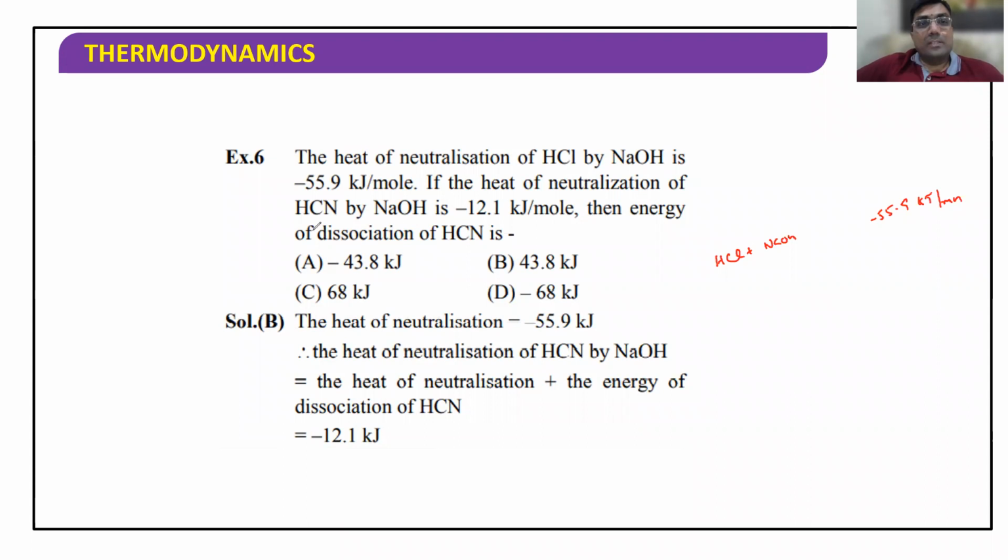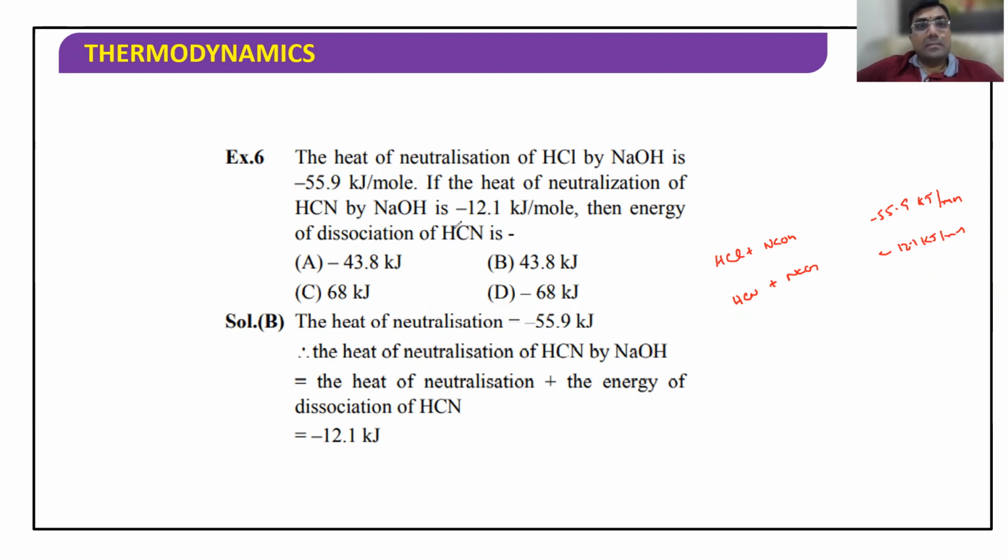If the heat of neutralization of HCN by NaOH is minus 12.1, so HCN plus NaOH is given as minus 12.1 kilojoule per mole, the energy of dissociation is?